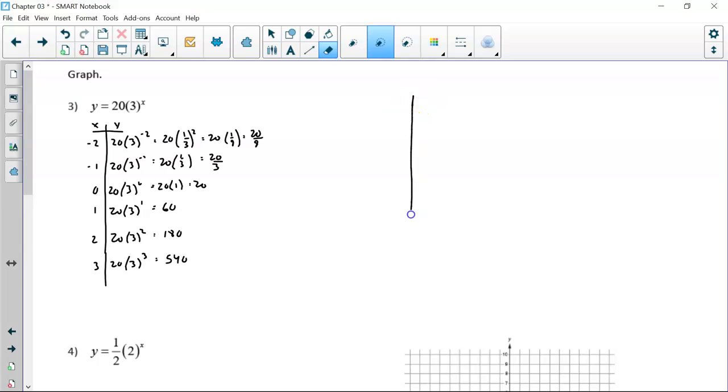So that's why I didn't include a graph here, because we'll have to draw our own. Now the numbers are pretty big. I'm going to go up by 100, 200, 300, 400, 500, and 600 all the way up here.